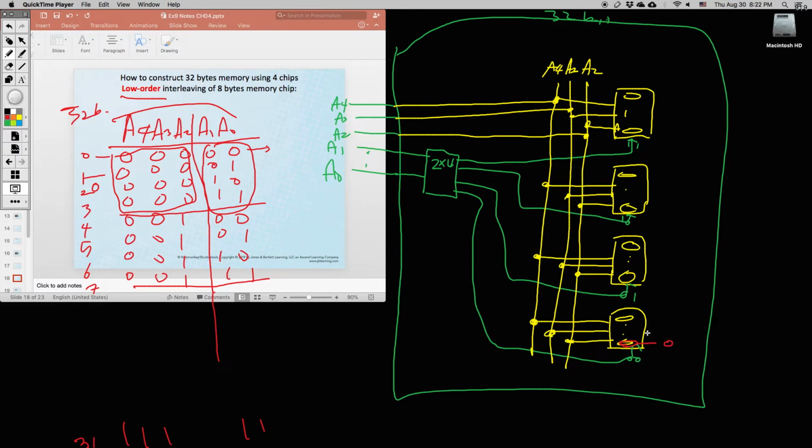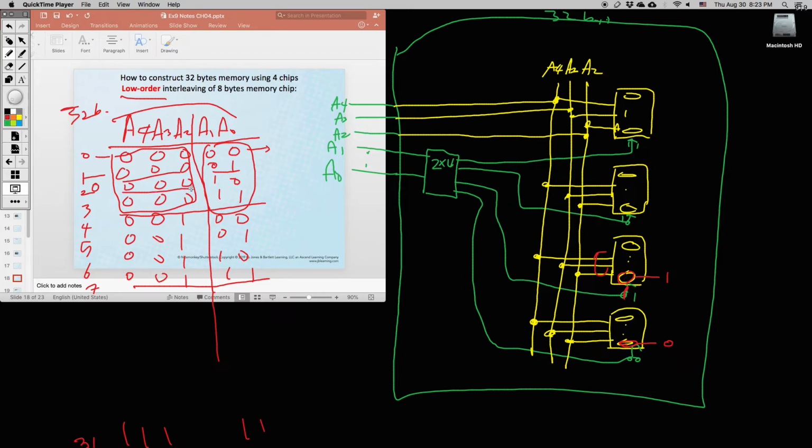So this one represents address 0 for the entire 32-byte memory. The next one is 0, 1, so this chip is enabled, and in this chip those three bits are all zeros, so this location corresponds to address 1 of the 32 bytes.